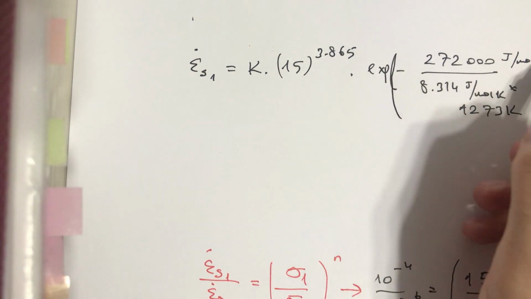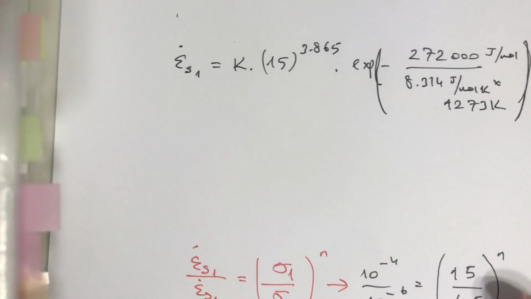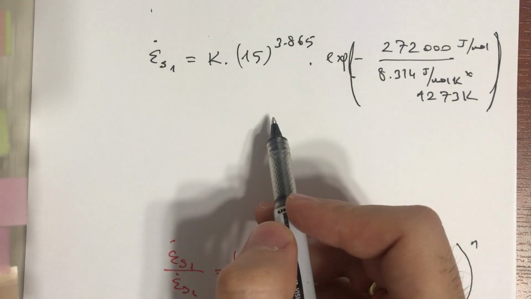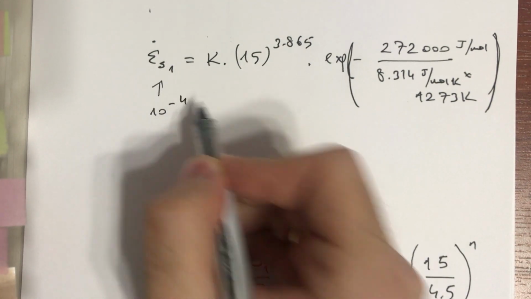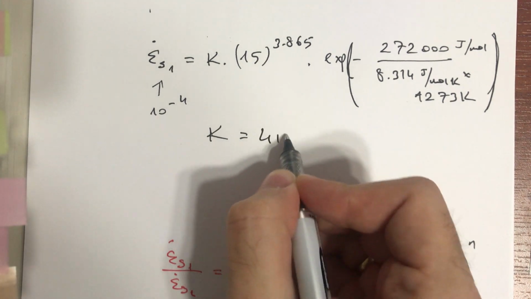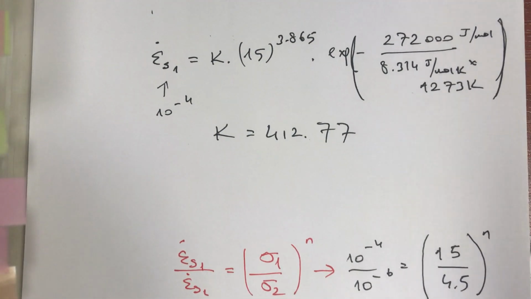So this whole thing is in the exponential term. All we need to determine is the value K, and we know this to be 10 to the power minus 4. If you do the calculation, this turns out to be 412.77.